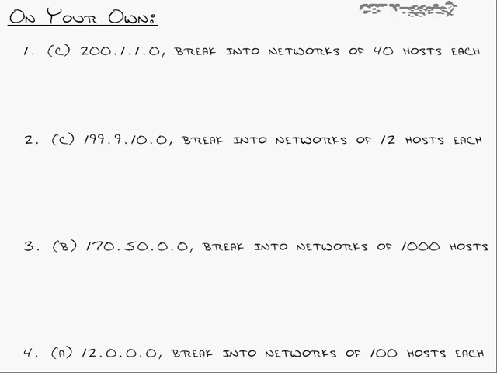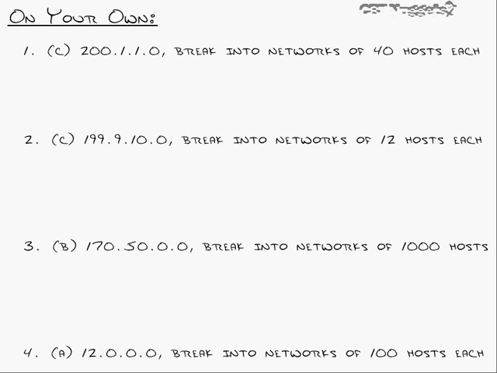Working through these without having an answer to check yourself isn't very helpful, so I've typed up a little walkthrough for each one of these, essentially the 3 steps we've been working through so far, so that when you finish them, you can compare your answers to what I have. That's available off of nuggetlab.com, and just look for the CCENT pack of some sort. It'll be a zip file where you can download all of this paperwork.